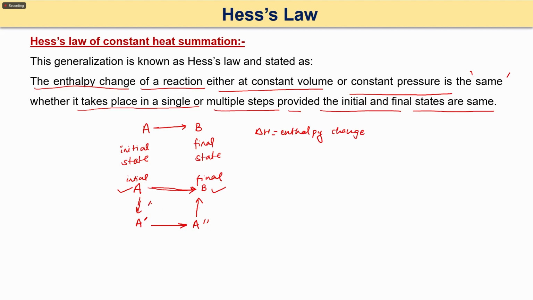Let's say the enthalpy change from A to A dash was delta H1. From A dash to A double dash, it was delta H2. From A double dash to B, it was delta H3. Delta H1 plus delta H2 plus delta H3 will be the enthalpy change for the multi-step path.